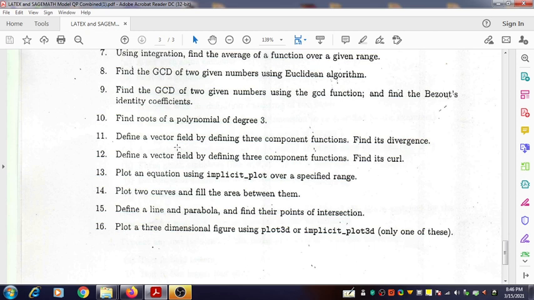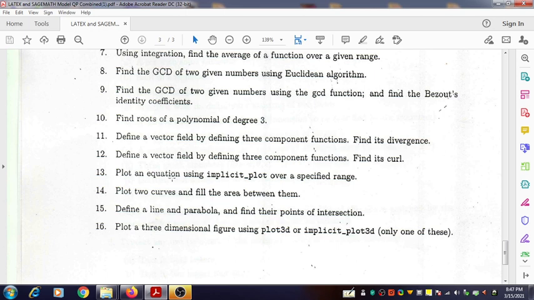You have to type a polynomial function and find its root. Define a vector field by defining three component functions and find its divergence, and define a vector field and find its curl.